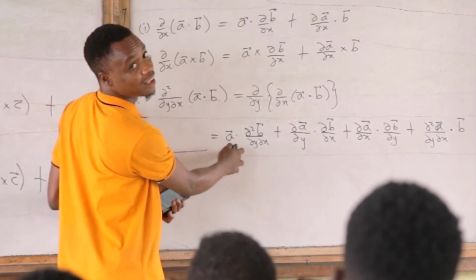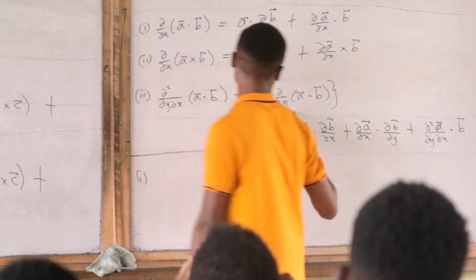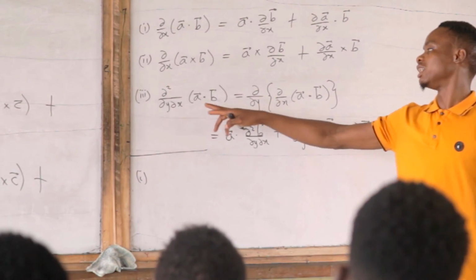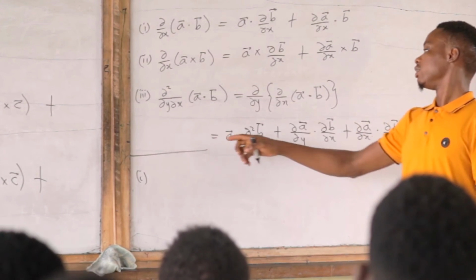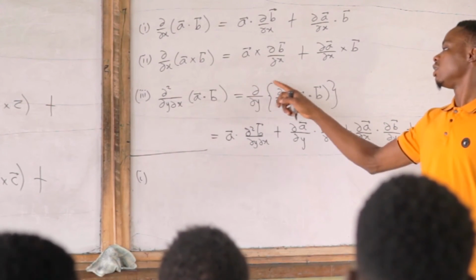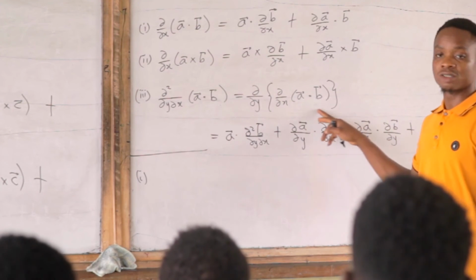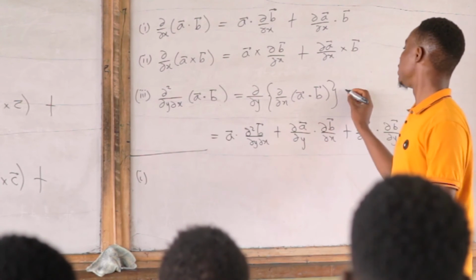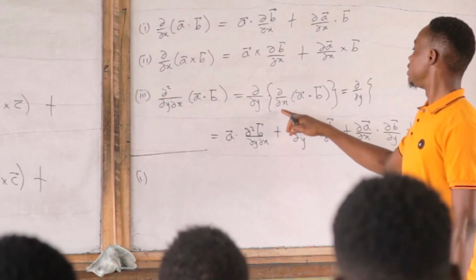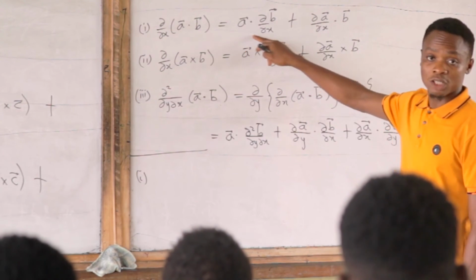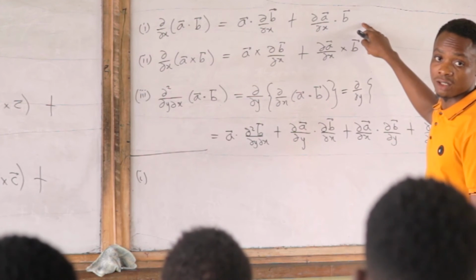You can expand this one. Listen out. You know this means second derivative, differential with respect to x first, then with respect to y. So I can write this outside. Differentiate with respect to x first, what I have here. So this thing here is the same thing as having del y of this derivative, which we have written out in the results. Does it make sense?